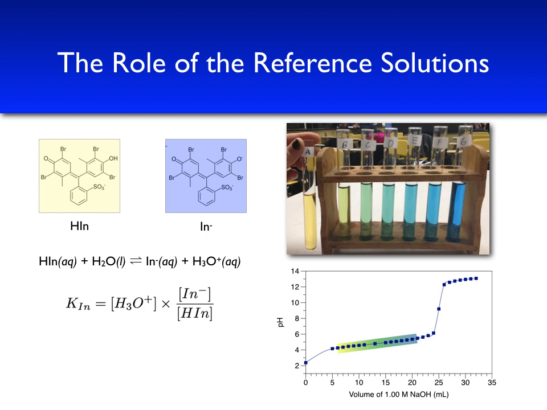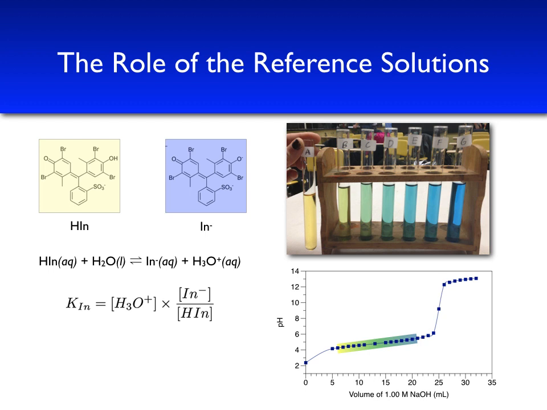In these different reference solutions with certain ratios of sodium acetate to acetic acid, we will add bromocresol green to get our different colors. These solutions are typically prepared by using a burette so that we get very precise volumes and amounts of sodium acetate and acetic acid in our solutions.